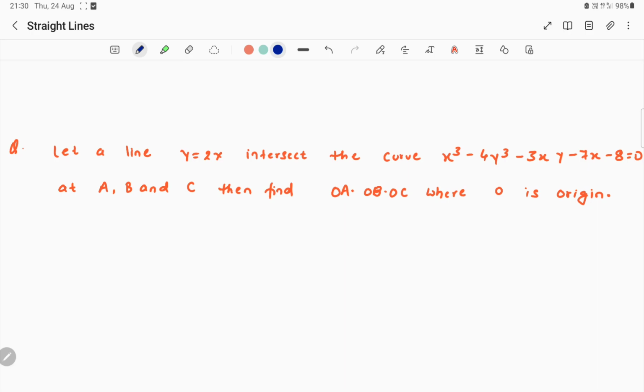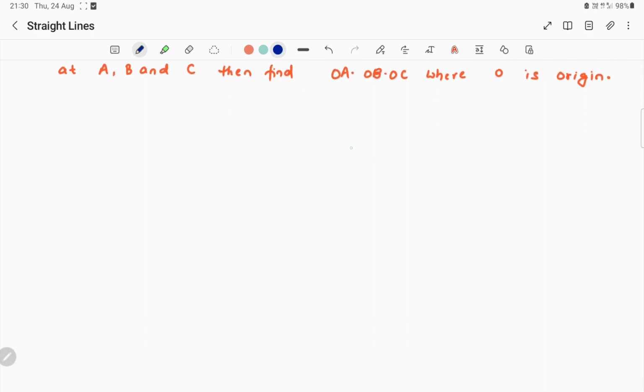so one more question we can do. What the question is: let a line y equal to 2x intersect the curve x cube minus 4y cube minus 3xy minus 7x minus 8 equal to 0. There is some curve, okay, at A, B, C. Then find OA, OB and OC. Think like this. See, I don't know what the curve is, so let's say the curve is drawn something like this.